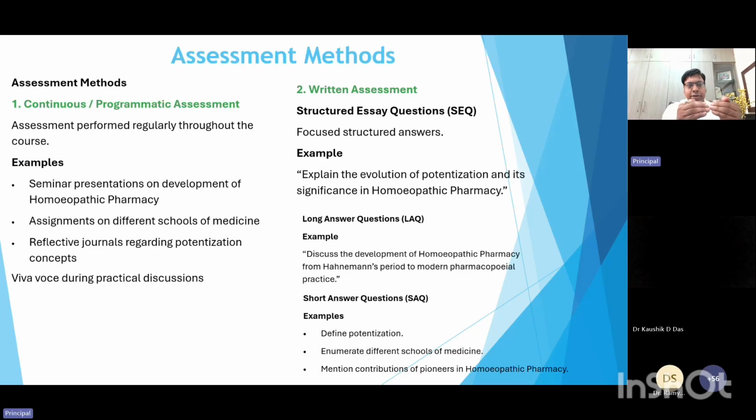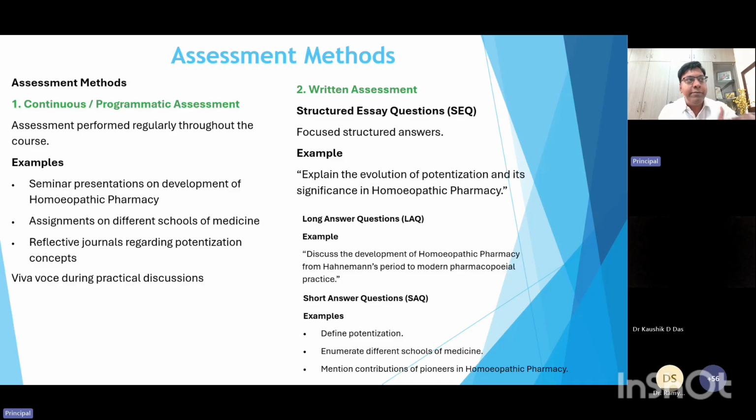Next, in this table you will find the assessment methods are given. Continuous programmatic assessment. So what does it mean actually? This slide is elaborating that point. Continuous programmatic assessment is nothing but seminar presentations on development of homeopathy pharmacy. So you are asking your student to present a seminar on development of homeopathy pharmacy.